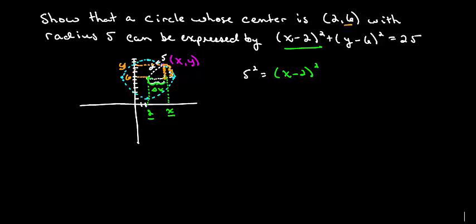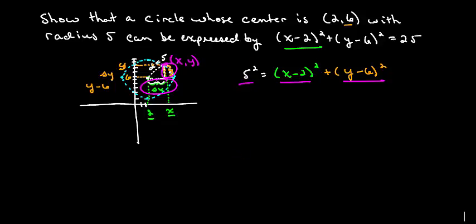And so the distance between those two is delta y, the change in y, which is y minus the value 6. So if we take this guy squared plus this guy squared, we get the diagonal squared, which is the radius.